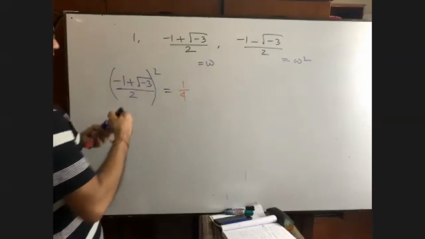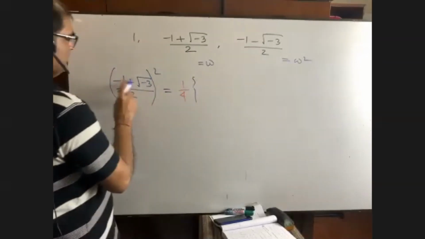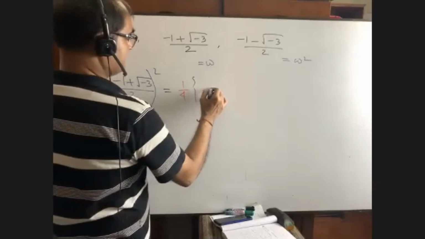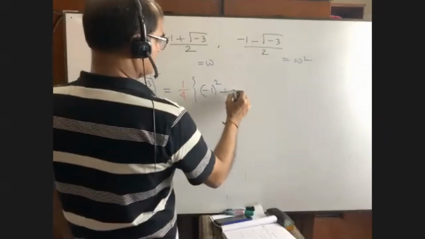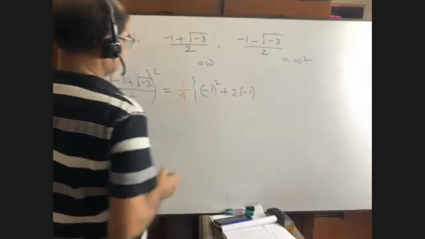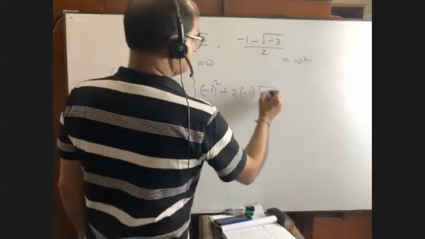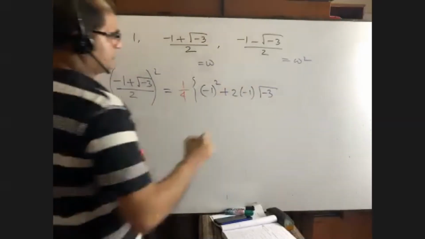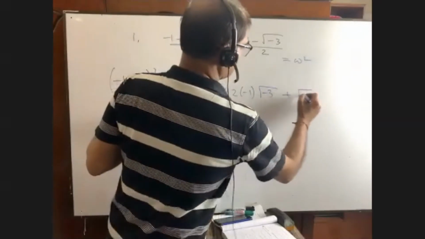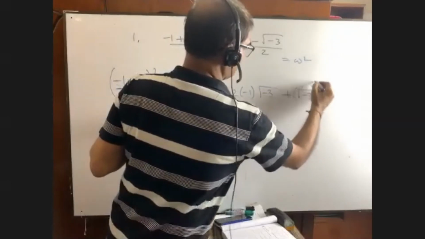Now, what is the formula? Here, a plus b whole square. That is, it is a plus b whole square, 2 into a into b, right? 2ab. Then at last it is plus root over minus 3 whole square.